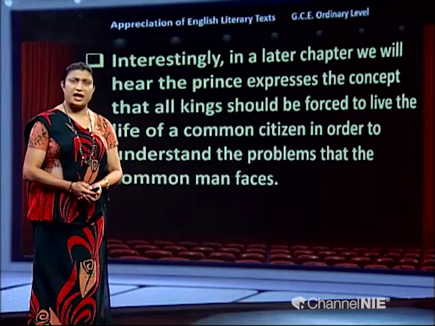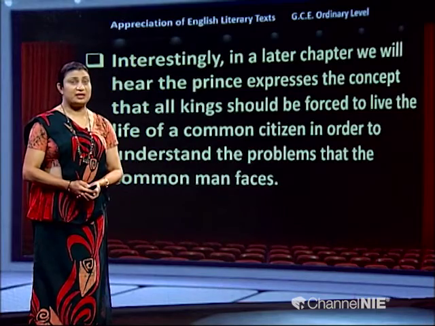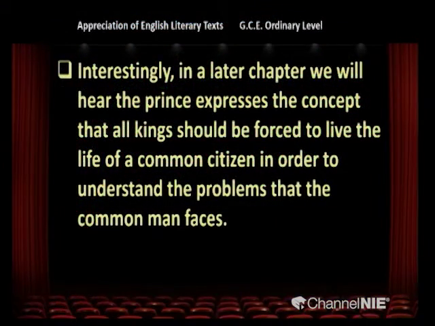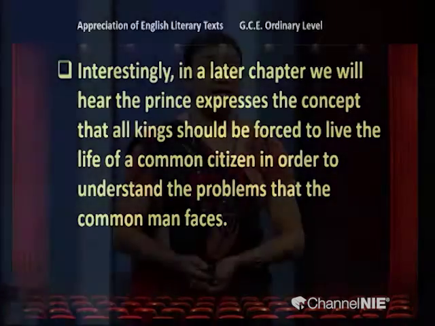Interestingly, in a later chapter, we will hear the prince express the concept that all kings should be forced to live the life of a common citizen in order to understand the problems that the common man faces. So, you can understand Mark Twain uses different characters to convey his message.